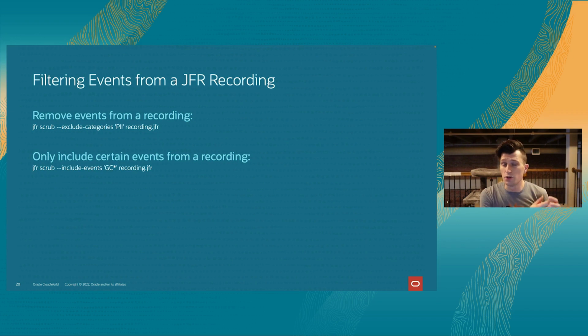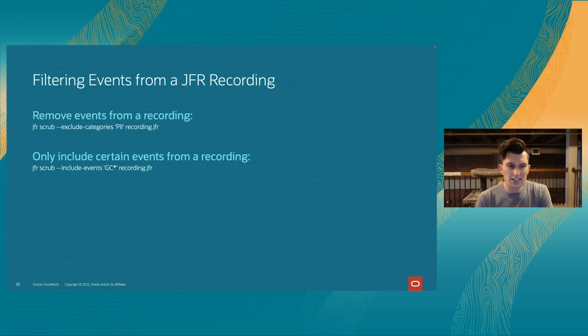And potentially, if you write your own custom events, you might find you're accidentally collecting information you don't necessarily want shared. It may be fine to collect information and use it internally, but if you're sending a recording to JDK engineers at Oracle or somewhere else, or to some third party, you may want to make sure that sensitive data is being removed.